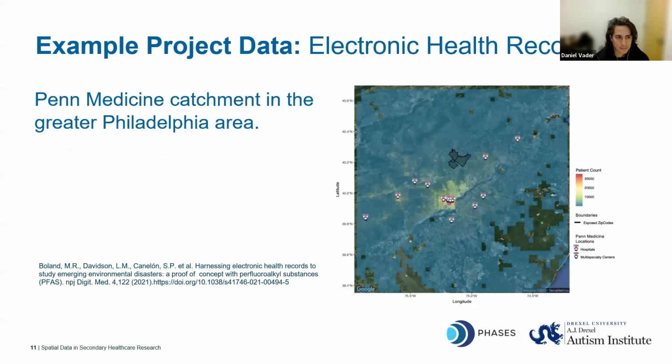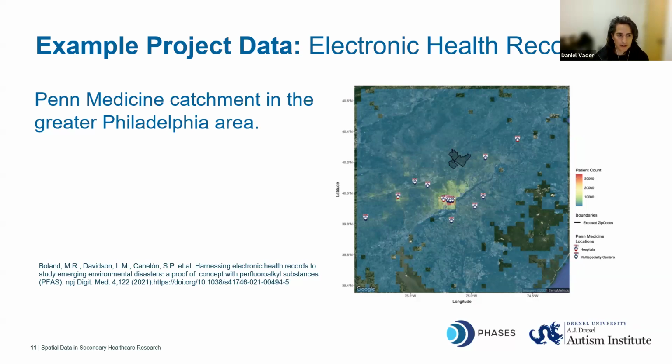To bring an example of different kinds of data, we have electronic health records, which are in that tabular format. They'll have addresses, and the addresses relate to some place that you'll geocode them to. This particular example is from a paper looking at the impact of PFAS, an environmental contamination, on different health outcomes among folks in the Penn Medicine system.